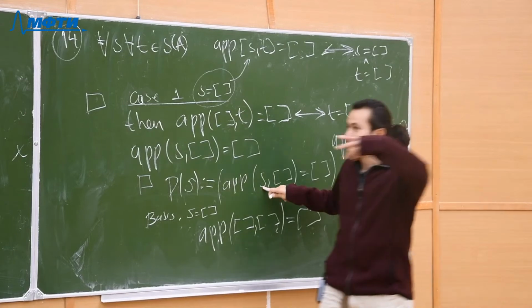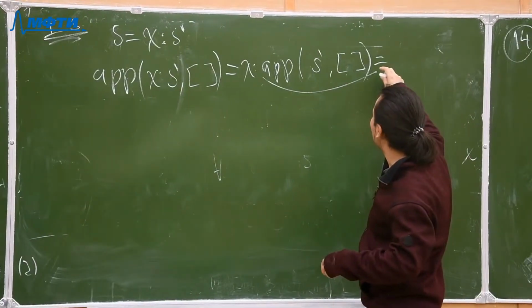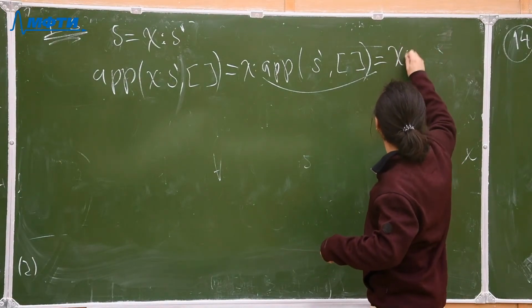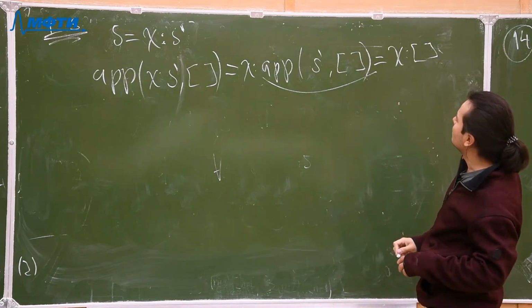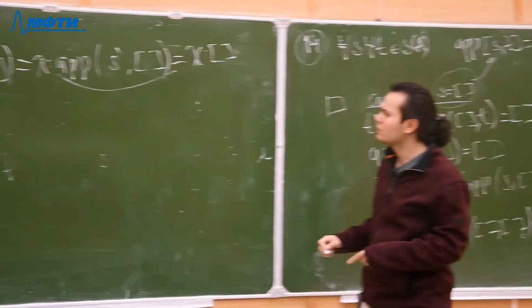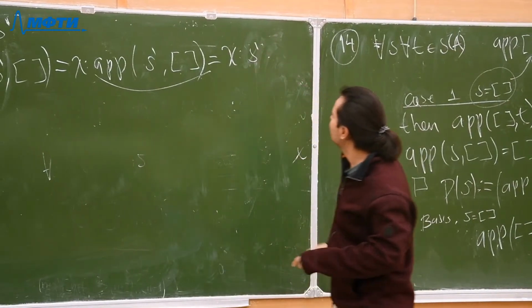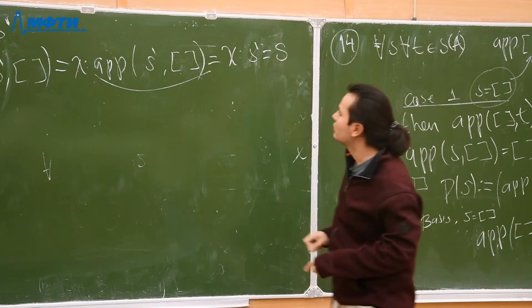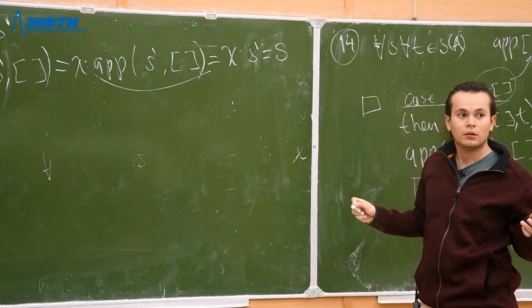So we use this for S prime, and then this is true. Then we obtain that, right? Yeah, S prime. And this is equal to S. That's it.